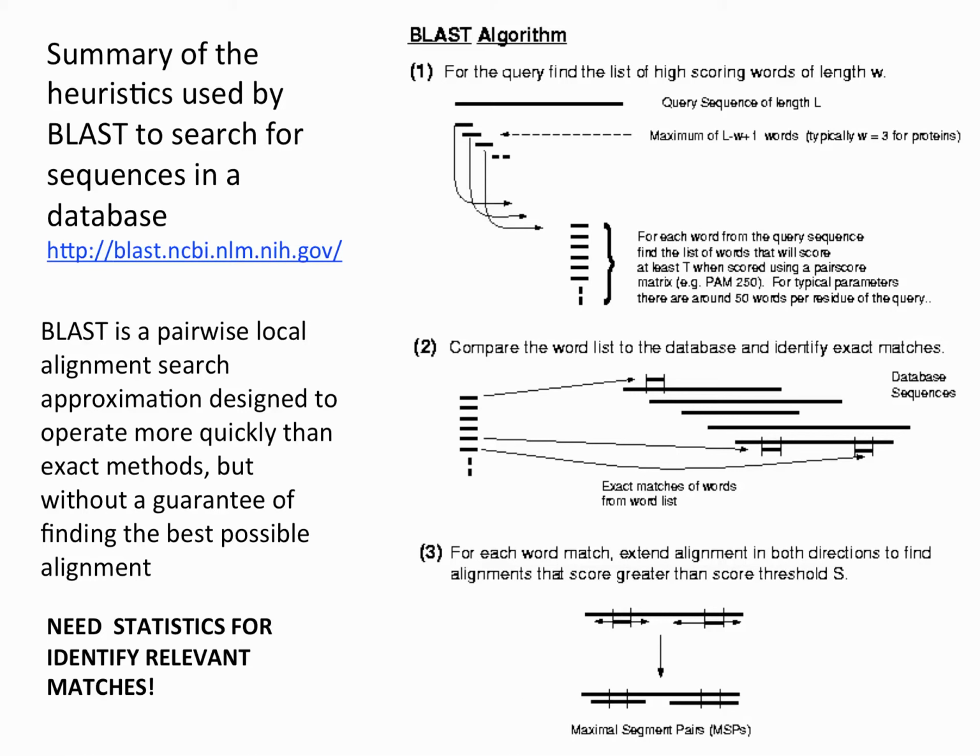Moreover, the heuristic search only finds close matches, which should be quantified to estimate the significance level. That's why we need good statistics to evaluate the significance of the encountered solution.